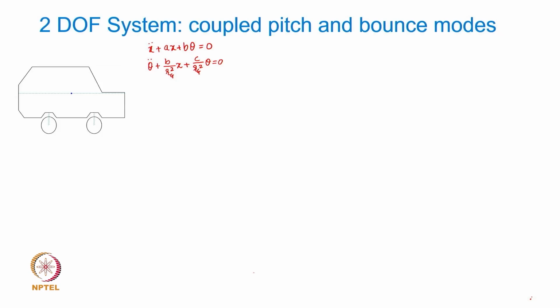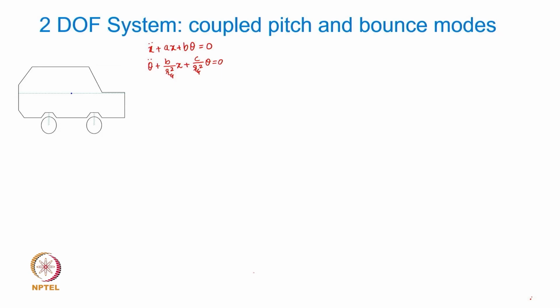Those were the two equations. When there is a pure bounce and a pure pitch motion, they behave like a single degree of freedom system, but we are now going to look at a general coupled pitch and bounce motion.